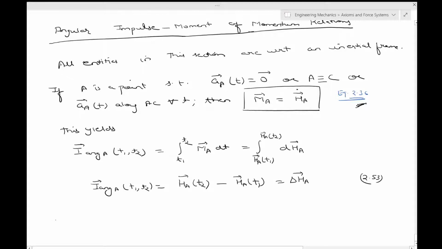Now these relations imply two things in words. We should also have the ability to say all this in words.